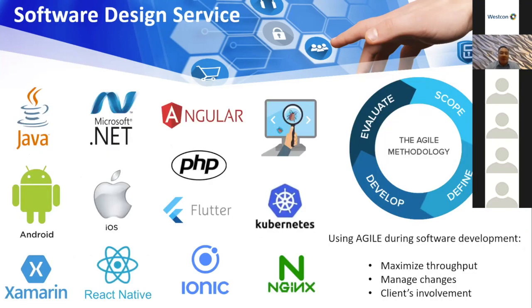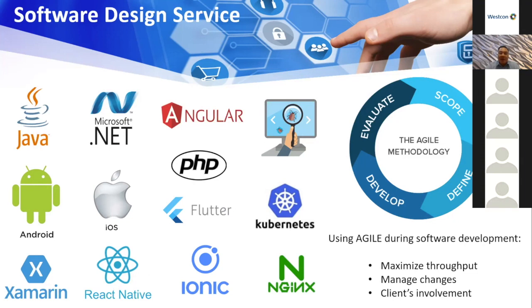Coming to the second pillar, in terms of software development, we have developers in-house. We have done software development using Java technology, .NET, Angular. When it comes to mobile applications, we have engineers working on native mobile languages such as Android and iOS.